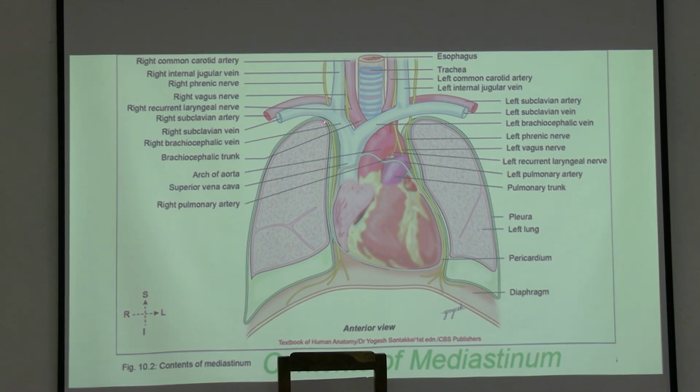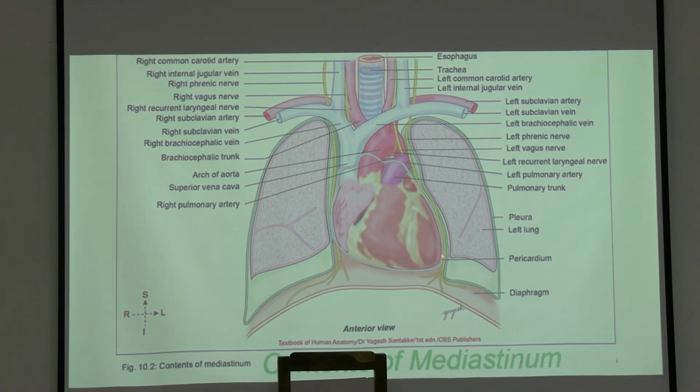Now we can find this is the lung and this is the pericardium, within which we are getting the heart. This is the pericardium. Okay. And in between, we can see this is the pleura, pleural reflection. This is the costal pleura, this is the mediastinal pleura.